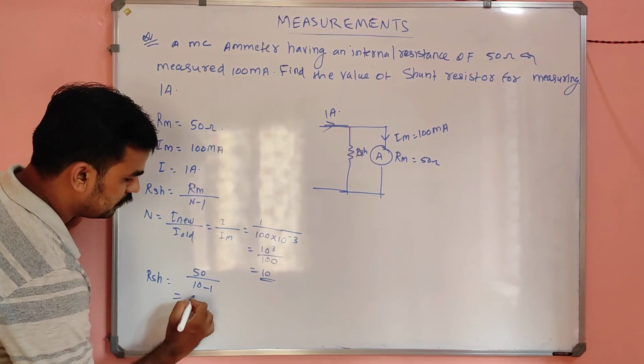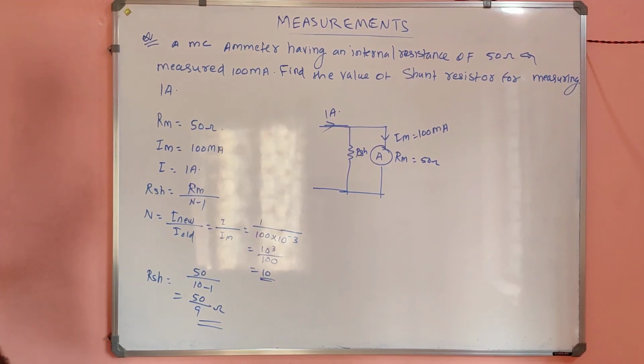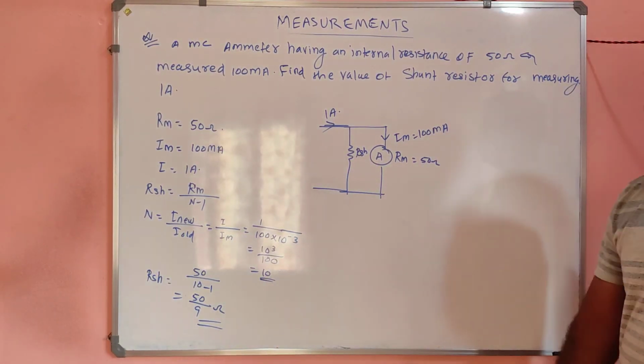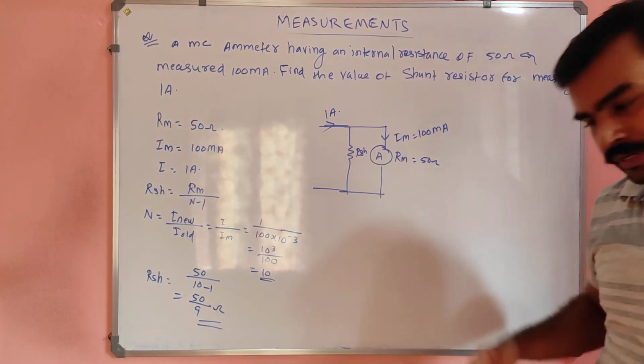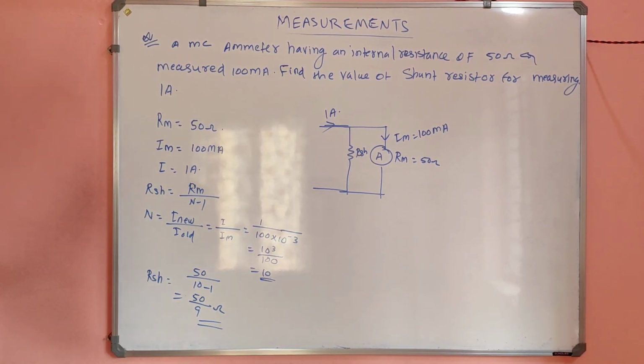So it will be 50 by 9. So this much resistance will be added in parallel with the meter. Then you can measure up to 1 ampere. So 50 by 9.